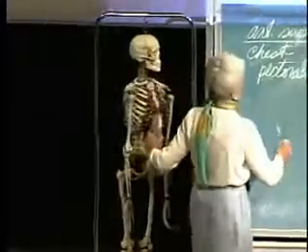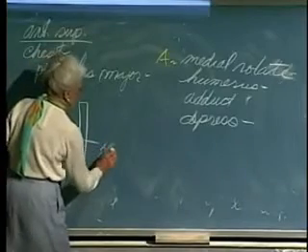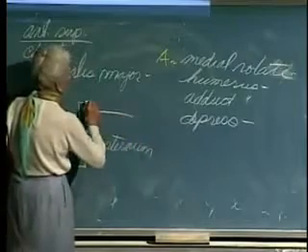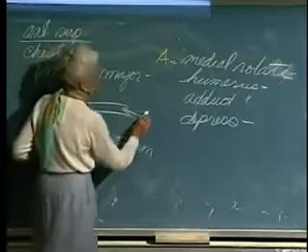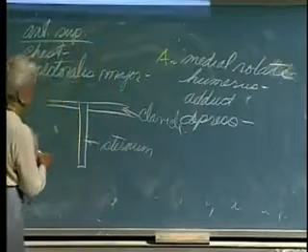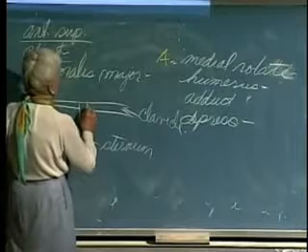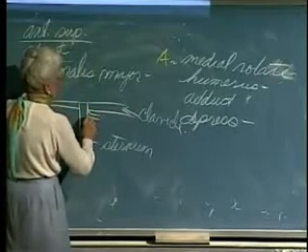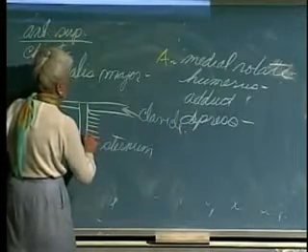We're going to have the sternum, we're going to have the clavicle, and we're going to have the ribs. So we'd have 1, costal cartilages, 2, 3, 4, 5, 6. We just want 6.